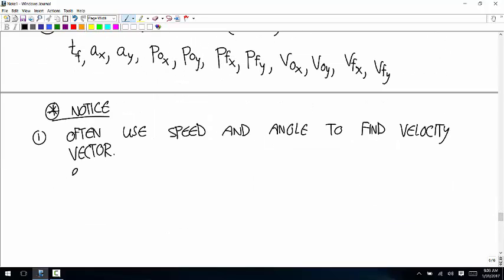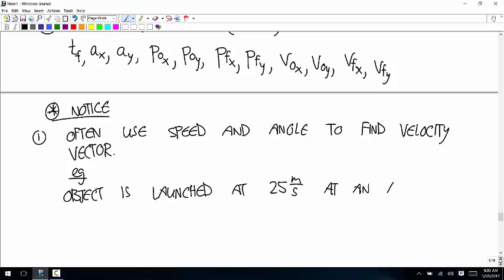So for example, an object is launched at 25 meters per second at an angle of 20 degrees above horizontal.